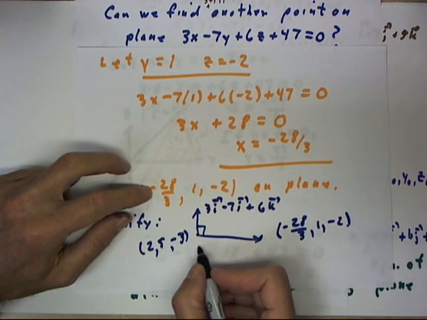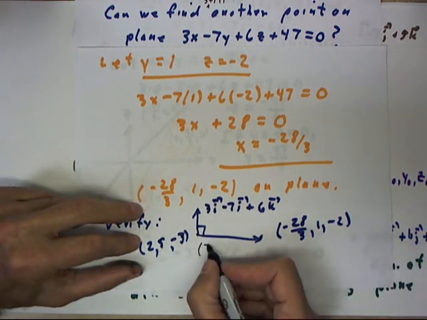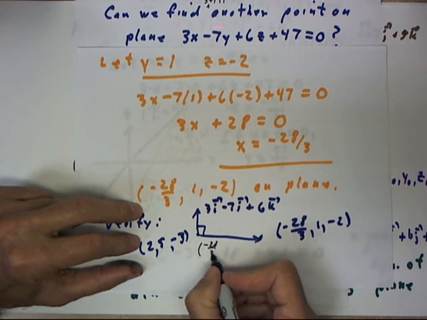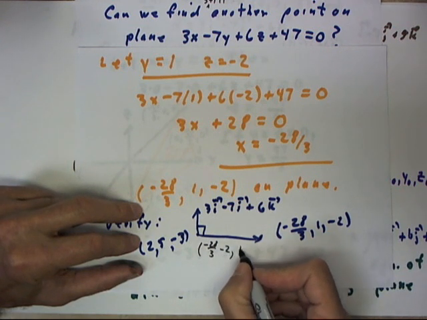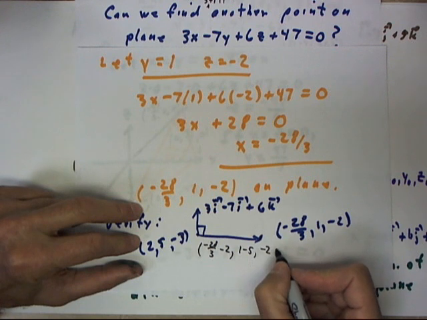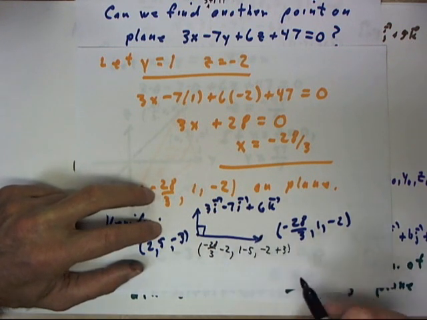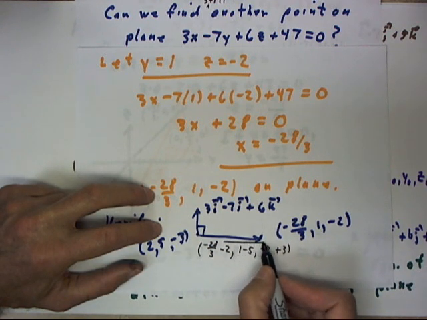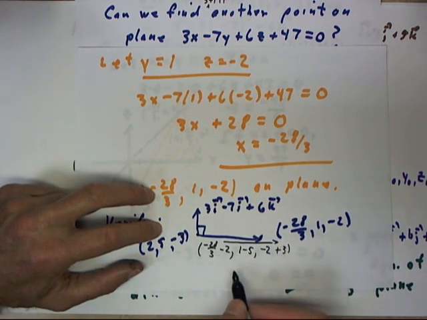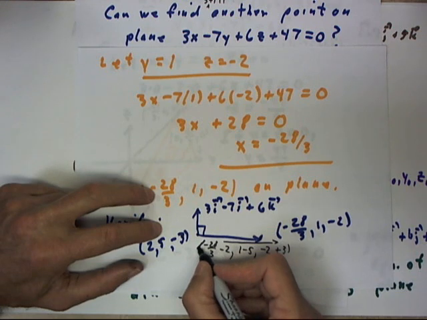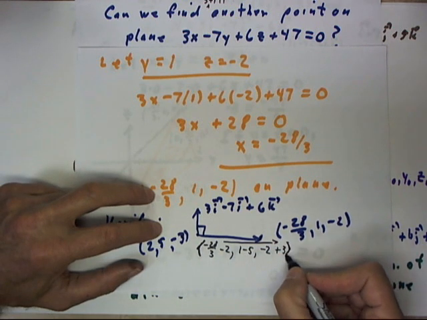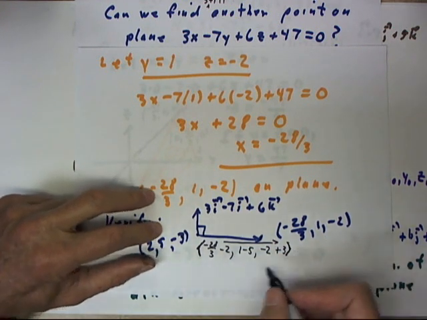Well, this vector is, now it's -28/3 minus 2, 1 minus 5, -2 minus -3 is -2 plus 3. And I'm going to put an arrow over that to indicate that these are the components of a vector. And actually we use kind of pointed braces also to represent a vector.